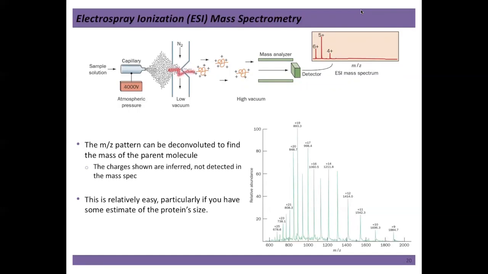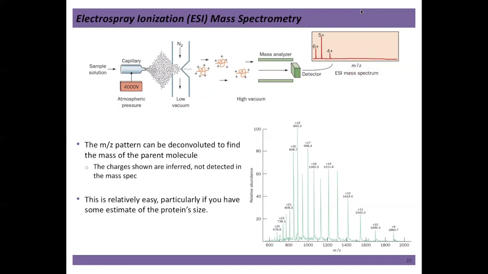And as it evaporates, it leaves individual proteins that have charges on them. And since they're charged, just like in regular mass spec, what you can do is you can attract those charges through magnets. And there's a couple different ways that you can figure out their masses, but essentially you have a mass analyzer, and where they hit the detector lets you know the mass to charge ratio. And you don't get much fragmentation here.